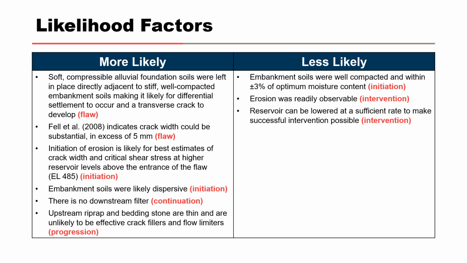Fell et al. 2008 indicates crack widths could be substantial and in excess of 5 millimeters. Initiation of erosion is likely for best estimates of crack width and critical shear stress at higher reservoir levels above the entrance of the flaw. The embankment soils were likely dispersive, and there is no downstream filter.